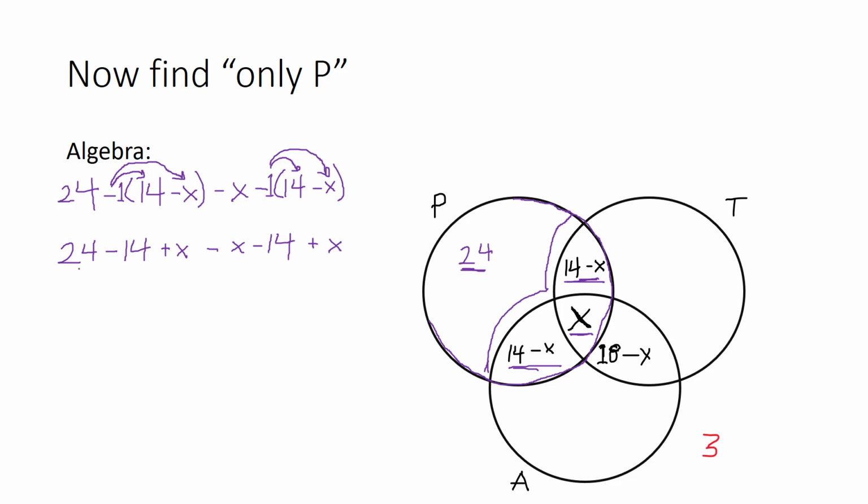Let's group the like terms together. We have our constants, 24 minus 14 minus 14. Then our x's, plus x minus x plus x.